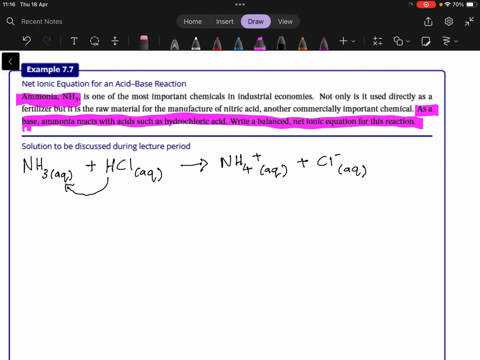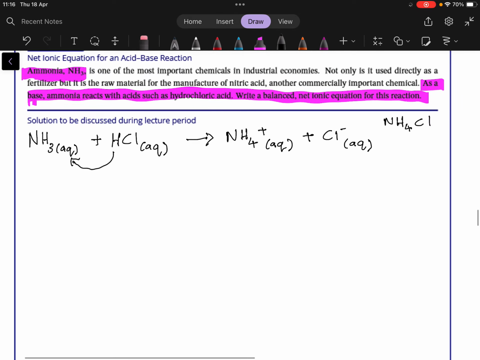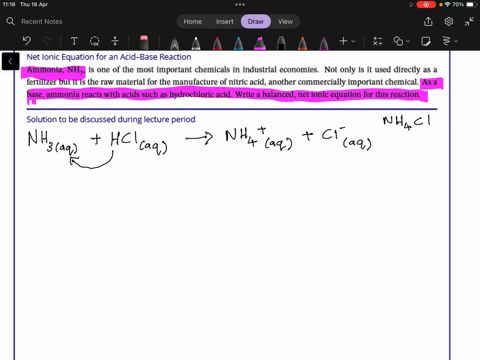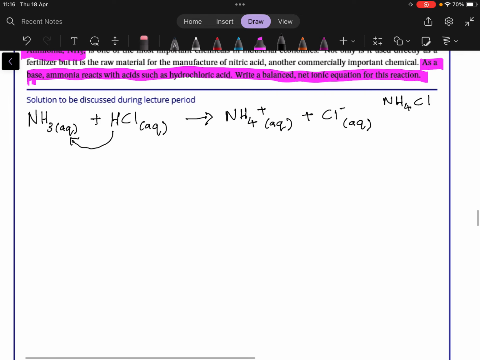Of course, this is a salt, so ammonium chloride is a well-known salt from which you actually can get ammonia from ammonium. But we know HCl is actually split into something. When you put HCl in water, you recognize it as a strong acid.